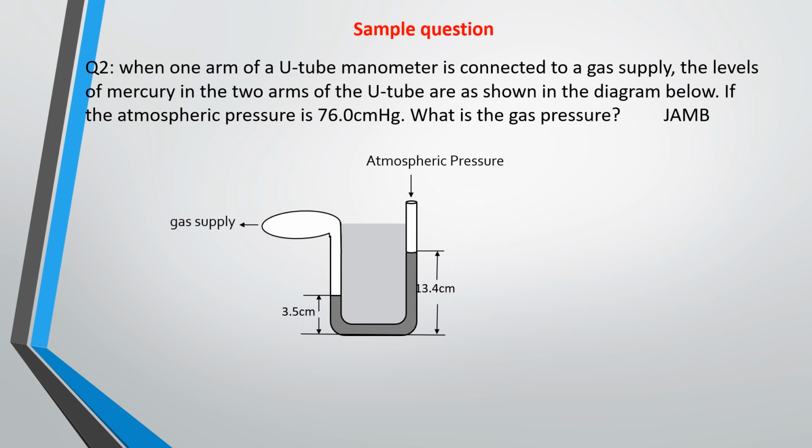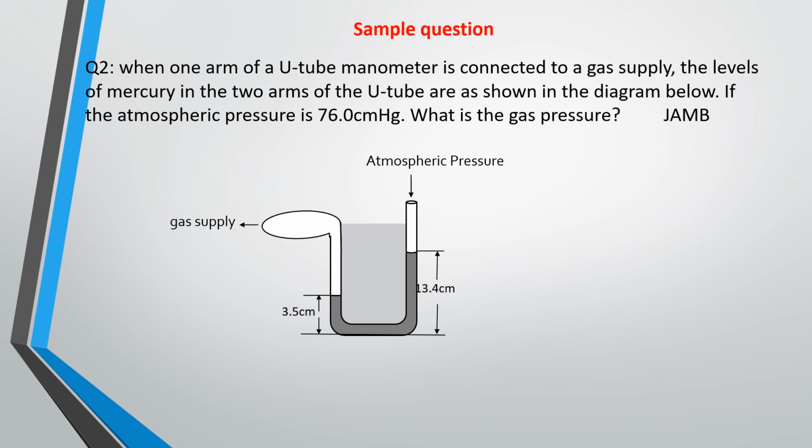So this is another one. This one says when one arm of a U-tube manometer is connected to a gas supply, the levels of mercury in the two arms of the U-tube are as shown in the diagram below. If the atmospheric pressure is 76.0 centimeter Hg, what is the gas pressure? So this one is just like the one we did before.